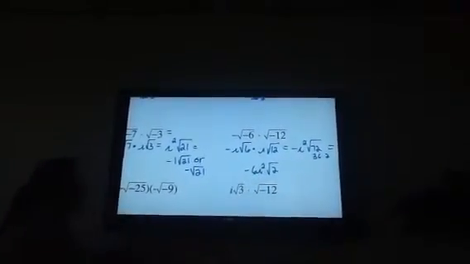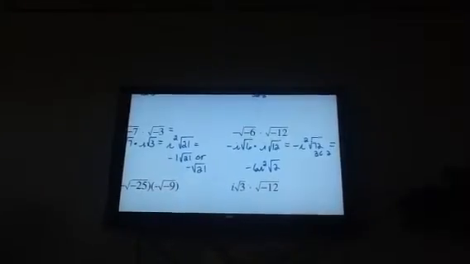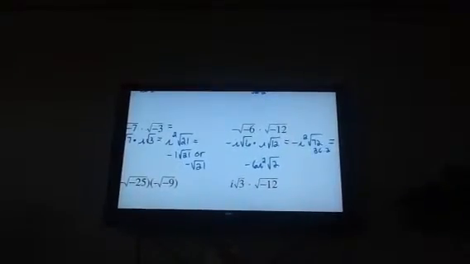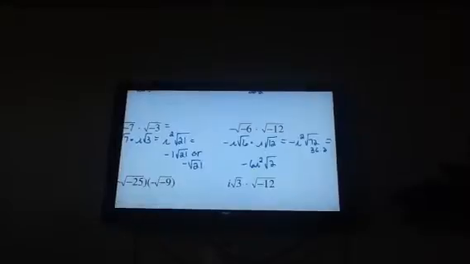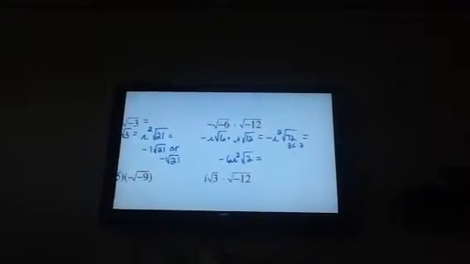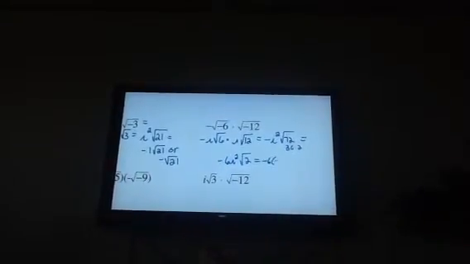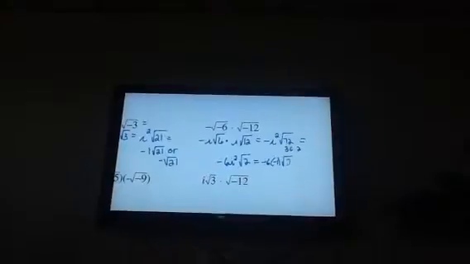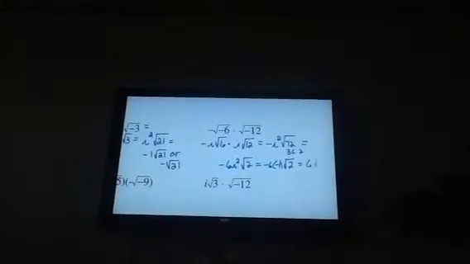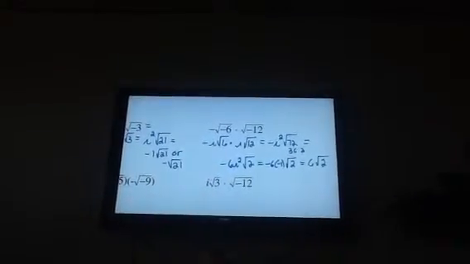It's like how we typically write a variable with a coefficient. Okay, now i squared is negative 1. And I typically don't write this step, but I'm going to show it to you. So this is like negative 6 times negative 1 square root 2, which is just positive 6 square root 2.